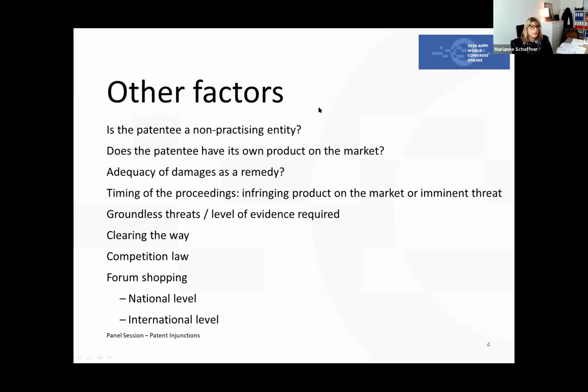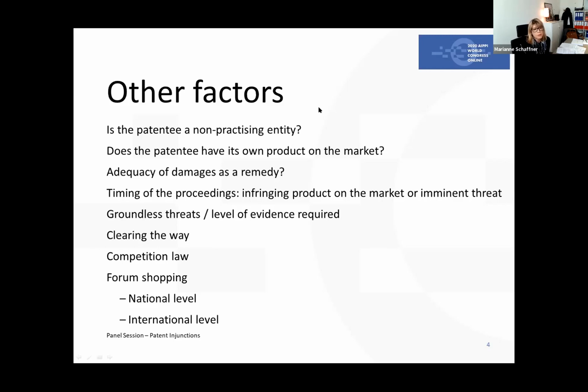Yes. So I would say that, first of all, one of the requirements taken into account by the French court is whether the product is on the market or not. And for imminent threat, the threshold to prove that there is a real imminent threat is very high. So it's very difficult to obtain an injunction when you have an imminent threat.